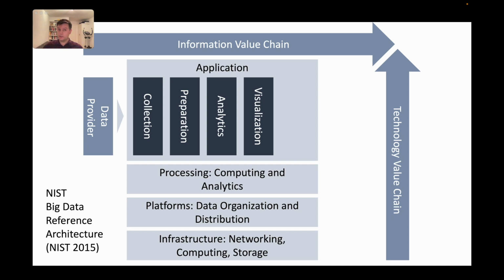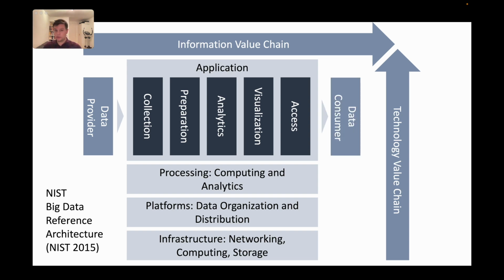Finally, the results of this analytic process are visualized in a way that decision makers can understand, and access is provided to these visualizations. Data consumers, usually decision makers, can now access visualizations of data analytics based on preparations and collections of data provided by a data provider.